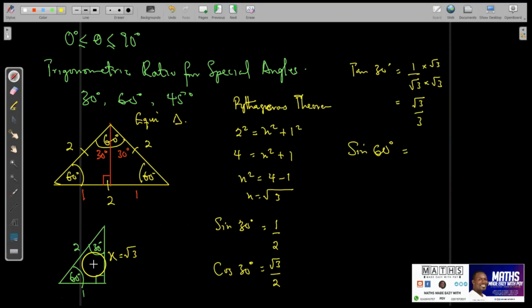And what value do we have opposite to 60 degrees? Root 3. So that is going to give us root 3 on the hypotenuse, which is 2. So sine 60 is root 3 on 2. And your calculator can still confirm it.